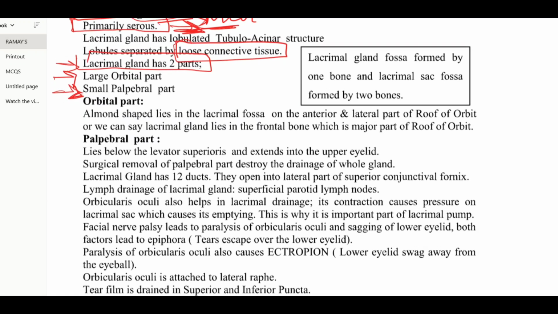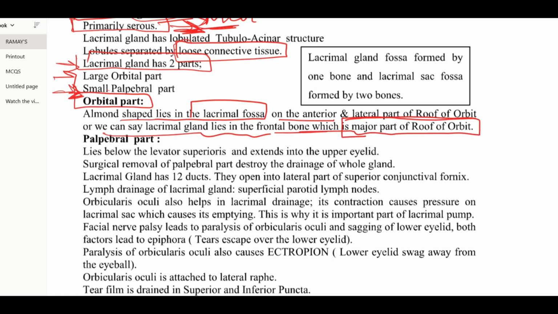Now see, the larger orbital part is an almond-shaped structure that lies in the lacrimal fossa on the anterior and lateral part of the roof of the orbit, or we can say the lacrimal gland lies in the frontal bone, which is the major part of the roof of the orbit. Again, we have to see the diagram.